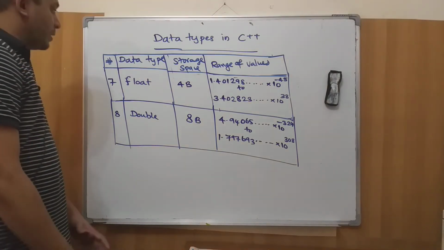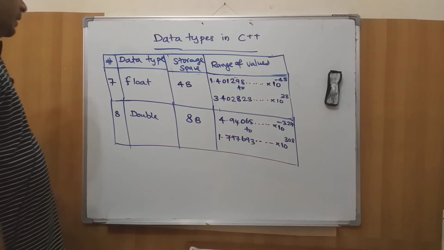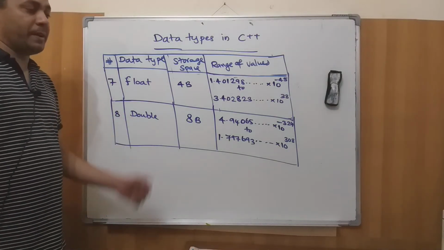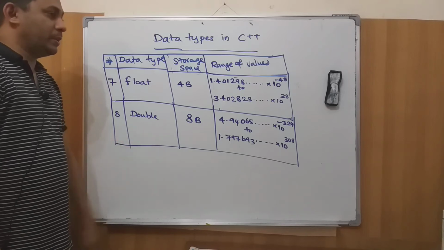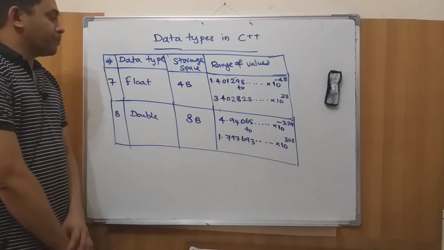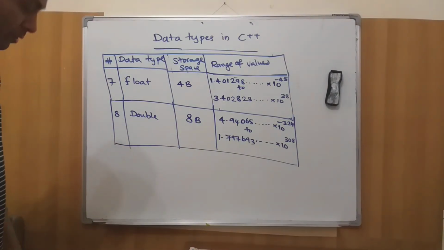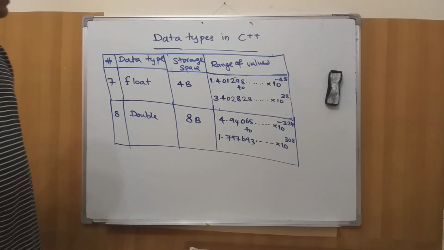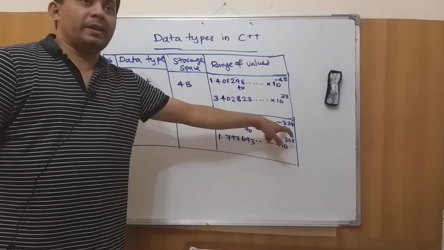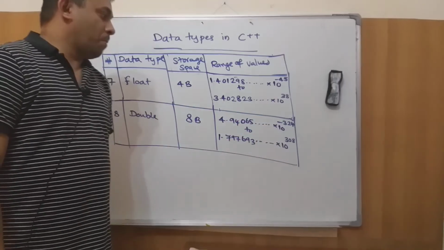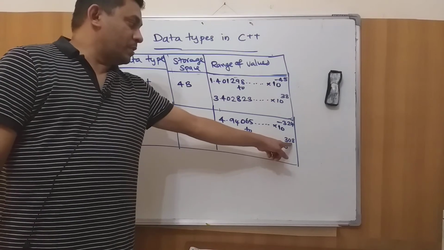Sometimes it is also not enough to represent the data using float, so we go for the double type, which again belongs to the floating point series. The memory capacity will be 8 bytes, and this type has an exponent of nearly minus 324 on the negative side and 308 on the positive side.